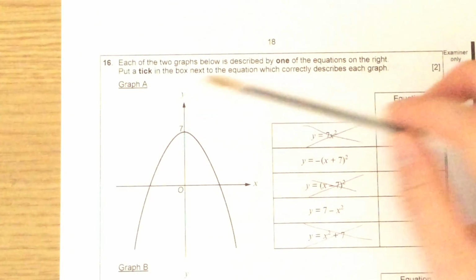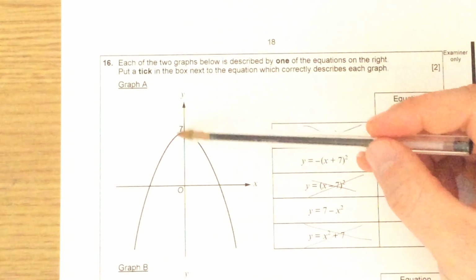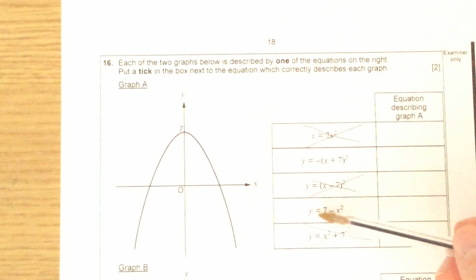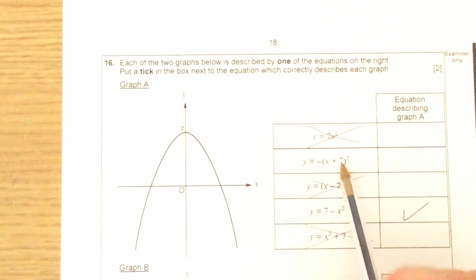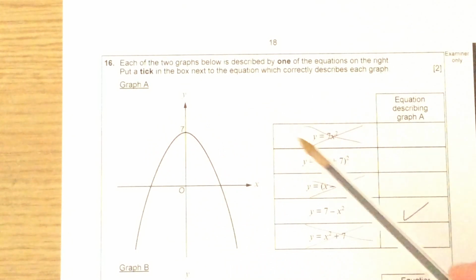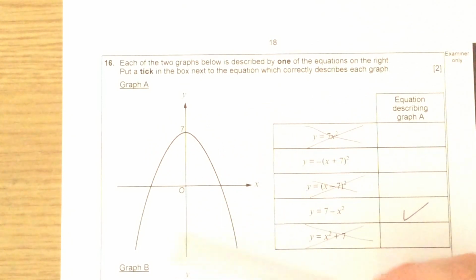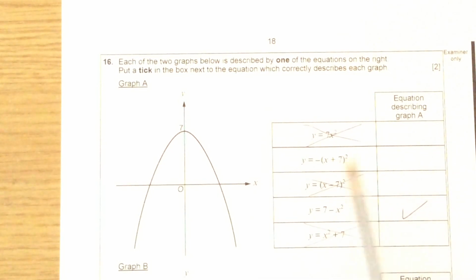So I know that it's got to be a negative x squared, which is these two, and then I'm going to use the fact that this cuts through at 7, which means this must be the equation I want, because I've got a constant of 7 here, whereas if I expanded these brackets, I would get 49 as the number up here, which when I times by a minus would make minus 49, so that would be down here somewhere. And also, if I was to expand this bracket, I would find that these 2 points here would have to be at the same place because x would equal minus 7 twice.